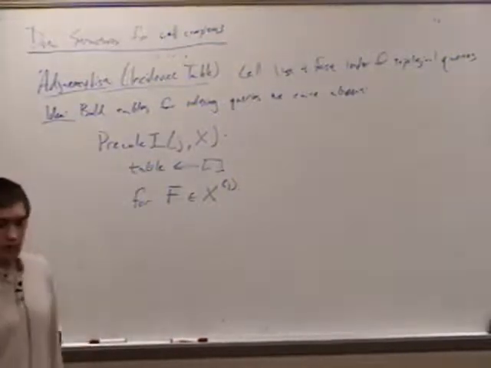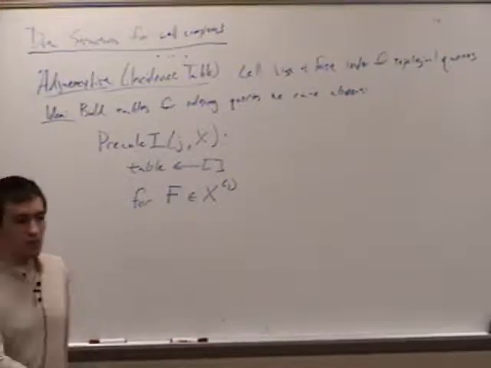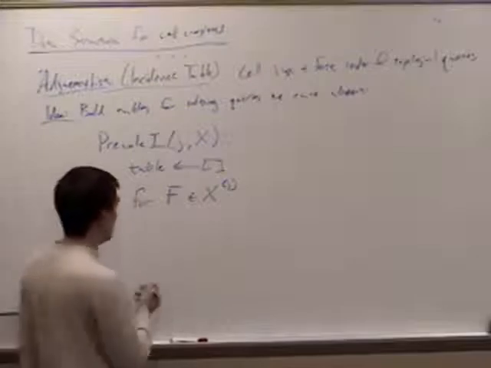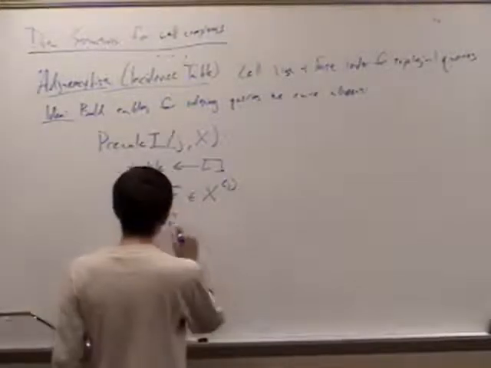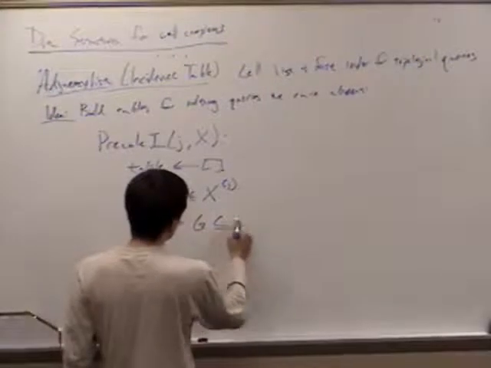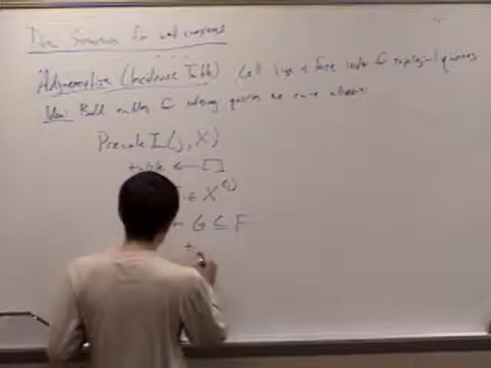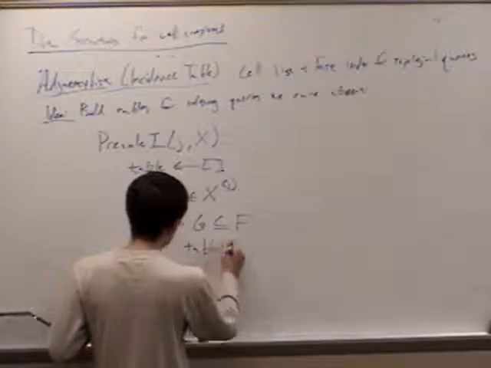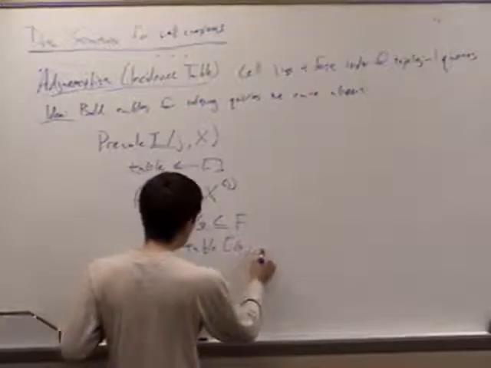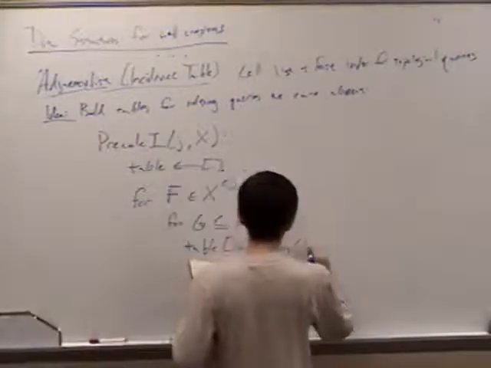That's a trivial operation, because f is represented as a list of vertices. All we have to do is loop through the power set of f, so for g contained in f, we'll set the table entry for g, and we'll just append f.